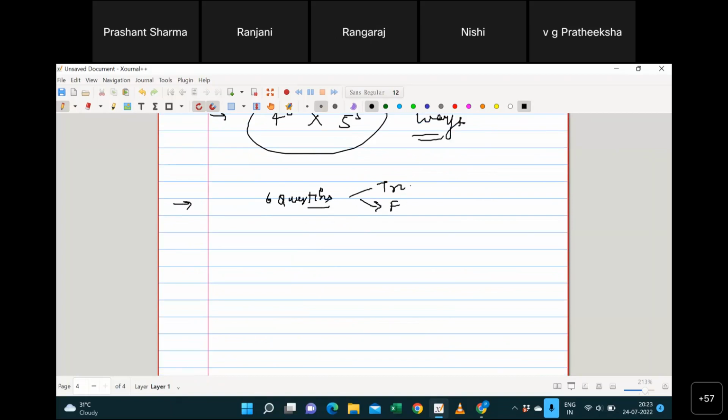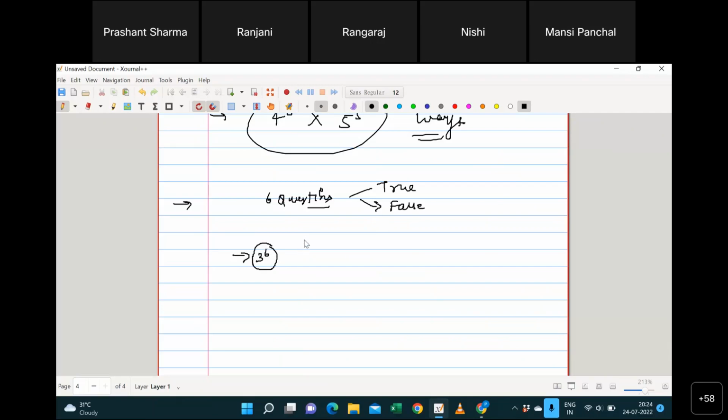In how many ways can you attempt the question paper? 3 raised to 6. Yes, we can leave some questions.